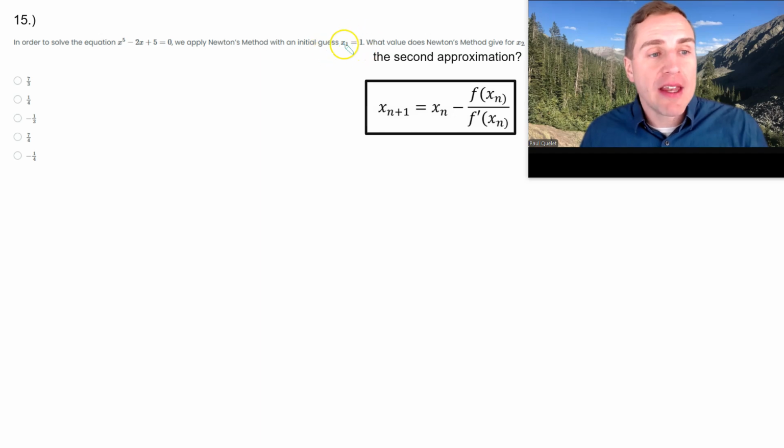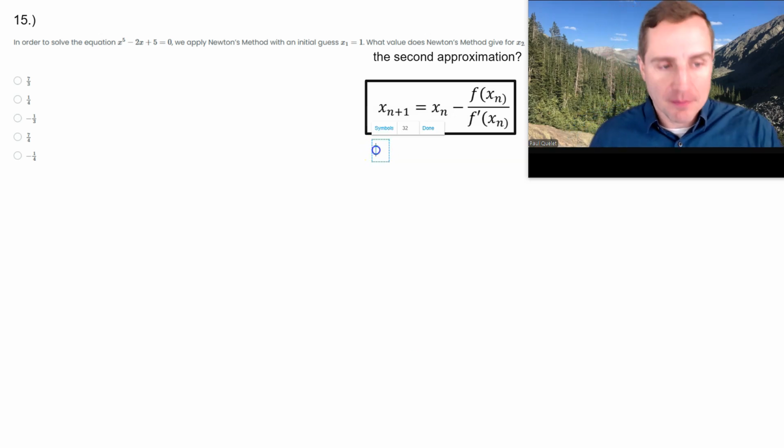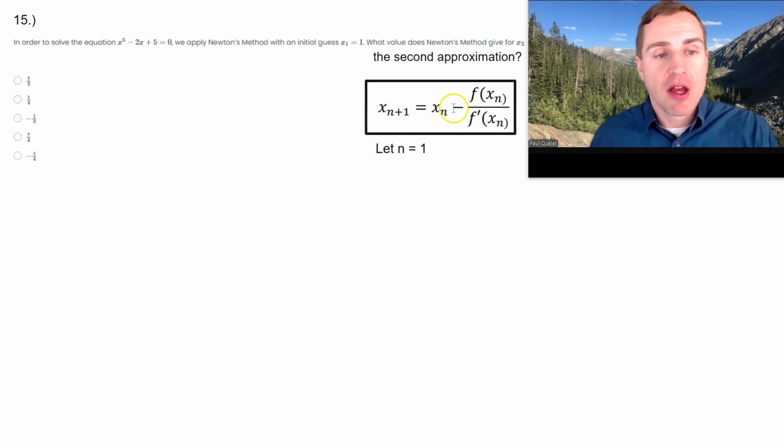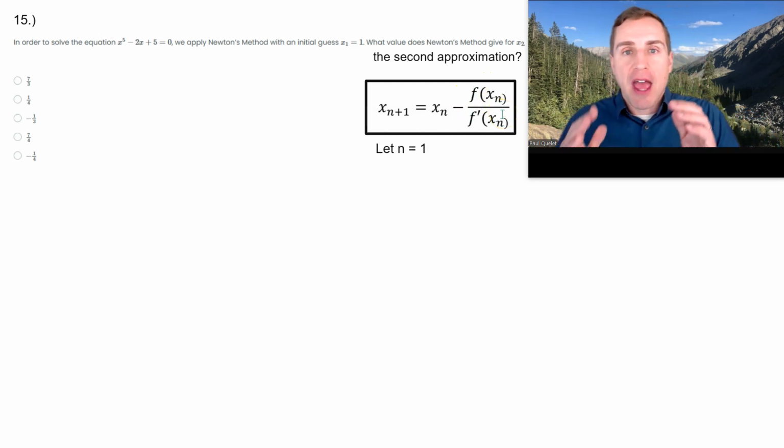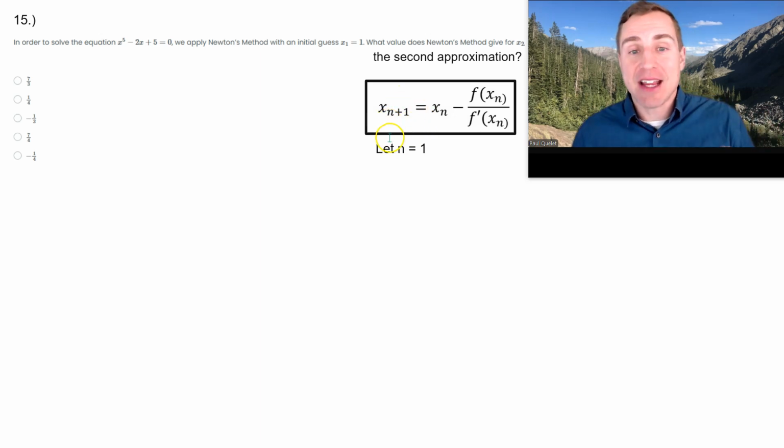So x1 is our initial guess, x2 is our second guess. So in this case, we're going to use Newton's method, which is this formula, and we're going to let n equal 1. The reason we're going to let n equal 1 is because all the information on the right-hand side is in terms of x1, mainly being x equal to 1, and then we're going to get information about x2. In other words, the second iteration, the second guess for the x value.